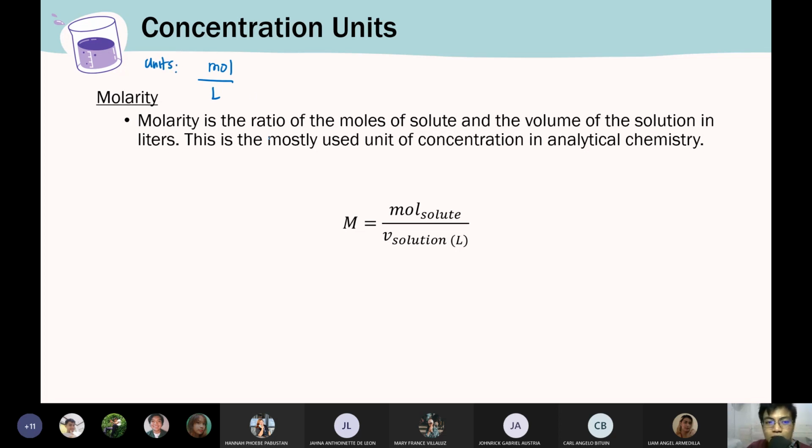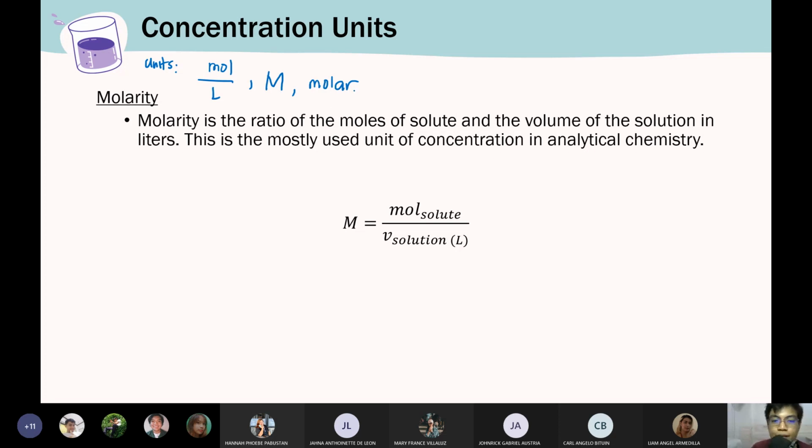Pwedeng mole per liter, given na mole yung nasa taas, liter yung nasa baba na volume. Sometimes we also use capital letter M to signify molarity. And then sometimes we just write the word molar. Okay? So molarity, pwede siyang mole per liter, capital M, or just mention the word molar.